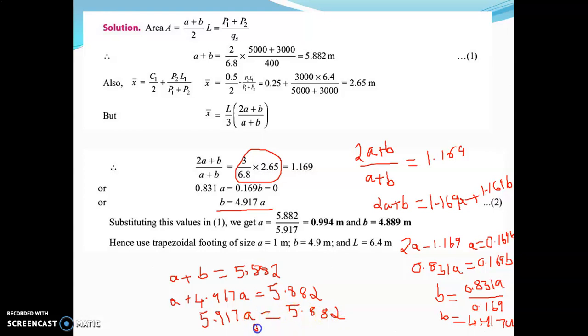So A is equal to 5.882 divided by 5.917.